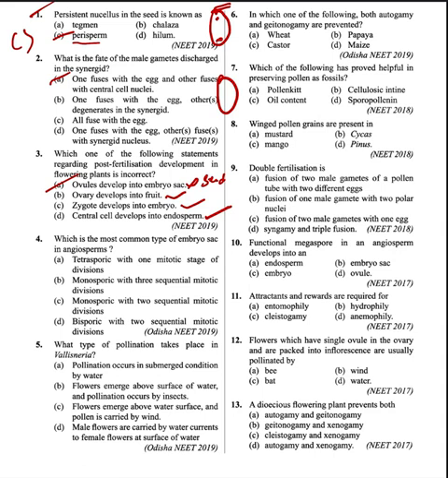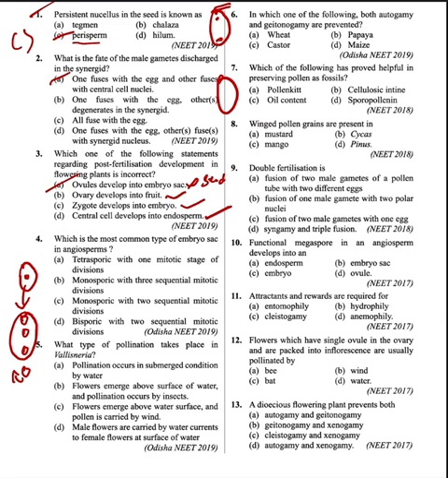Which is the most common type of embryo sac in angiosperms? Options: tetrasporic with one mitotic stage of division, no; monosporic with 3 sequential mitotic divisions; monosporic with 2 sequential mitotic divisions; bisporic with 2 sequential mitotic divisions. Here we can explain the concept of monosporic embryo sac development. Initially the megaspore mother cell undergoes meiotic division, giving rise to 4 megaspores. Out of 4 megaspores, 3 degenerate and only 1 becomes functional.